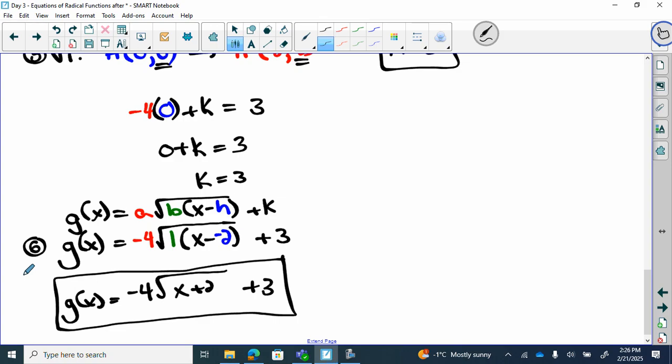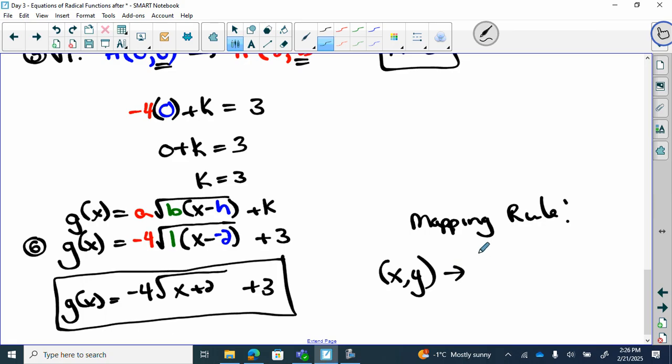And if you had to make a mapping rule, it didn't ask you to do this, but what would the mapping rule look like? This is what it asked for, the equation. The mapping rule would go x comma y, 1 over, what's my b value? 1 times x plus, what's my h value? -2, and then what times y? -4 times y plus k.